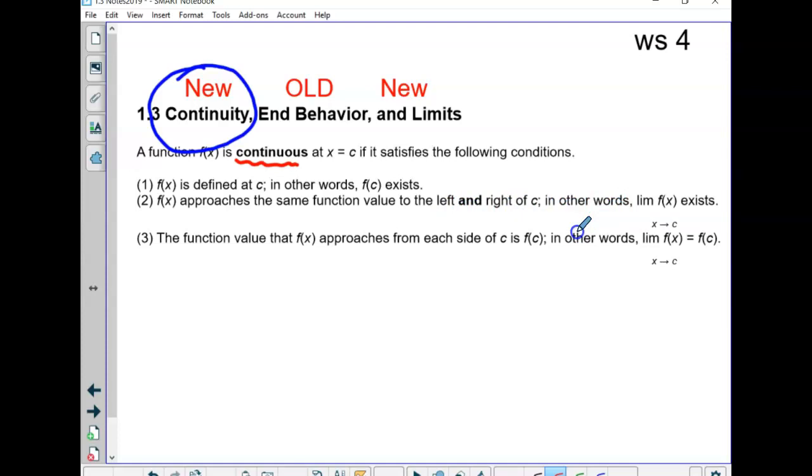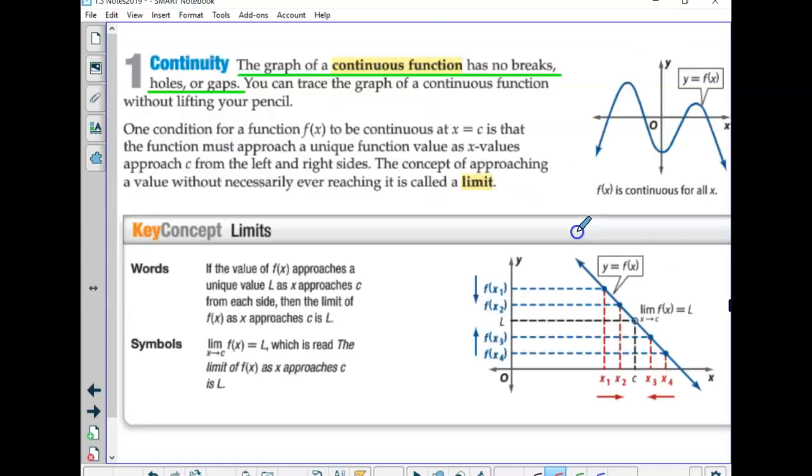All right, that's a big old crazy definition that actually has to do with a limit, but this makes more sense to most of us. The graph of a continuous function has no breaks, holes, or gaps. Does that seem pretty clear? Okay. You can trace the graph without lifting your pencil.